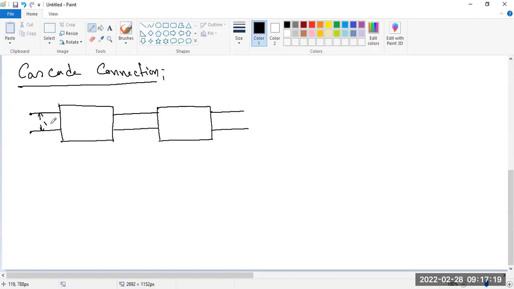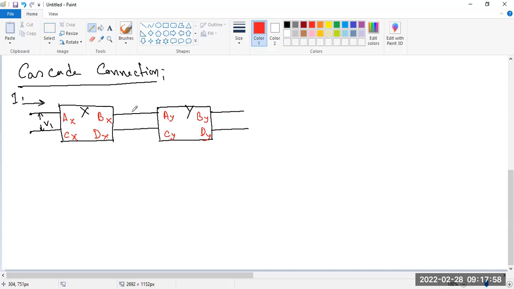That is V1, that is I1. Look, this is the X network and this is the Y network. We can express them as AX, BX, CX, DX and AY, BY, CY, DY.